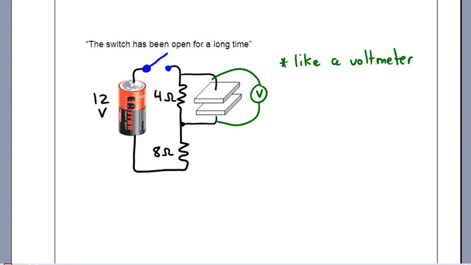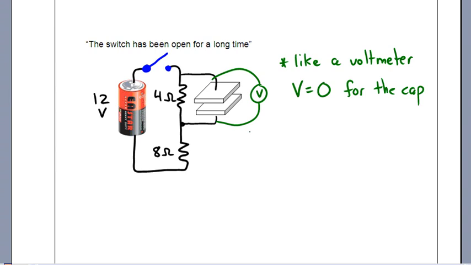Well, in this story here, if there was any charge on that capacitor, it would have been drained out into that 4 ohm resistor long ago. So in this story, V is equal to 0 for the capacitor. Now we're going to simulate this circuit here in a minute.